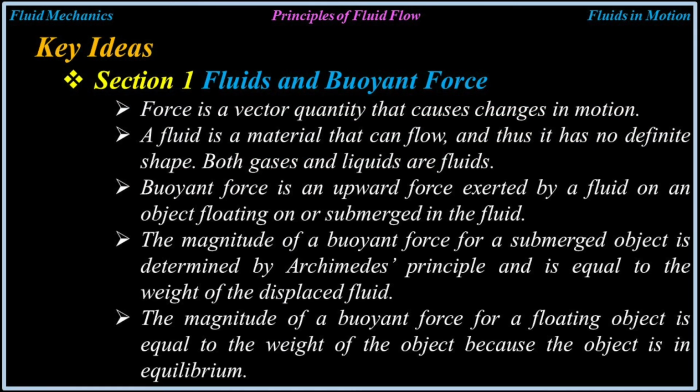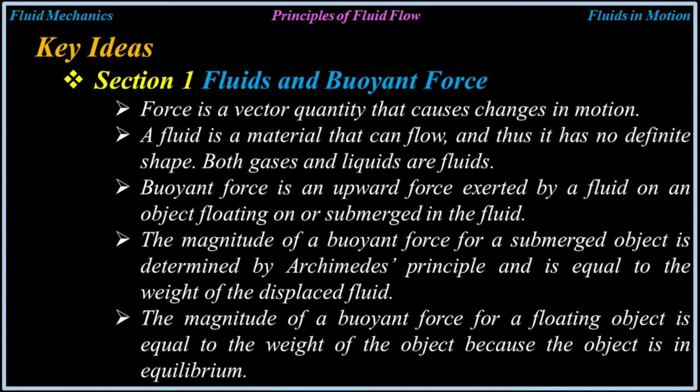Key ideas, Section 1, fluids and buoyant force. Force is a vector quantity that causes changes in motion. A fluid is a material that can flow, and thus it has no definite shape. Both gases and liquids are fluids. Buoyant force is an upward force exerted by a fluid on an object floating on or submerged in the fluid.